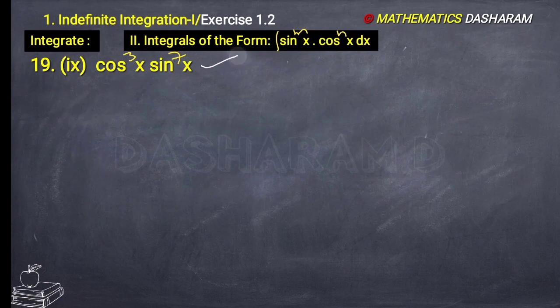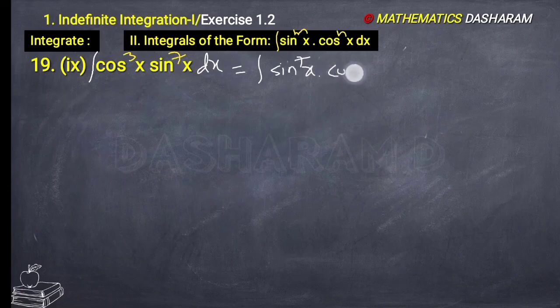Ninth question, cos cube x into sin to the power of 7x. So integration with respect to x, it is equal to, here first write the sin to the power of 7x, next write the cos cube x dx. Now compare with the form, integral of the form.